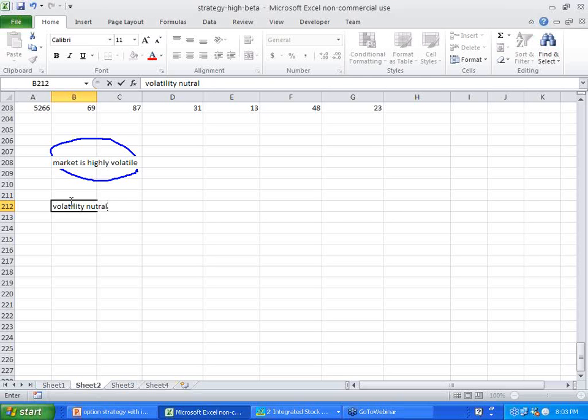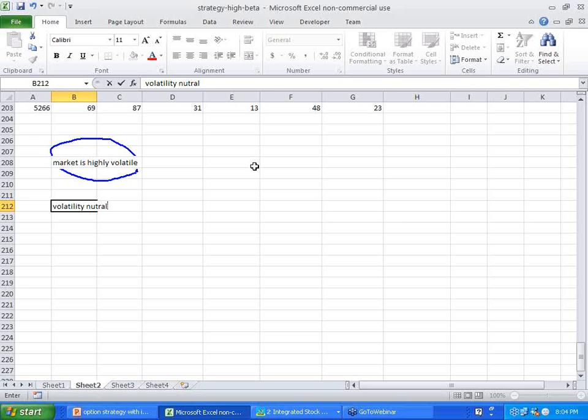My money may be exposed to the high volatility. If I invest 1 rupee in the market at this point of time, that 1 rupee is exposed to the volatility risk.